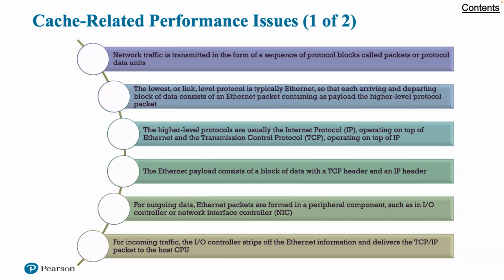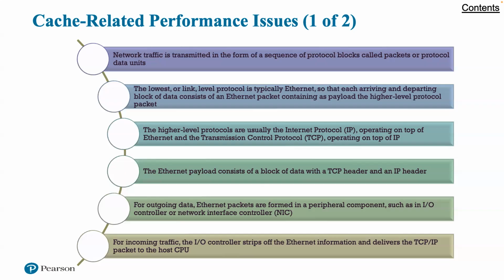The higher level protocols are usually the Internet Protocol, IP, operating on top of the Ethernet, and the Transmission Control Protocol, TCP, operating on top of the IP. Accordingly, the Ethernet payload consists of a block of data with a TCP header and an IP header.